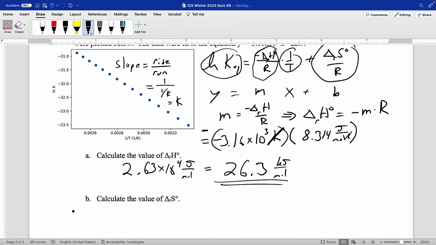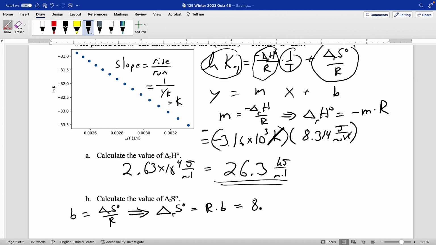Okay, so now we're going to do the entropy, and the entropy is going to be a similar process where we said that the y-intercept B was equal to delta S standard over R. So delta S is equal to R times the y-intercept B. And of course the y-intercept is going to have just the units of the y-axis, which is unitless.